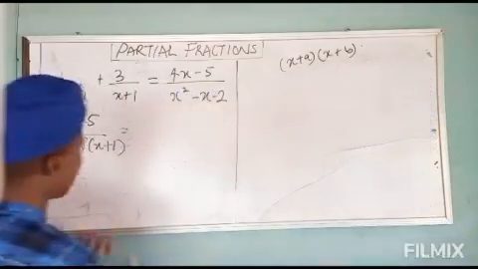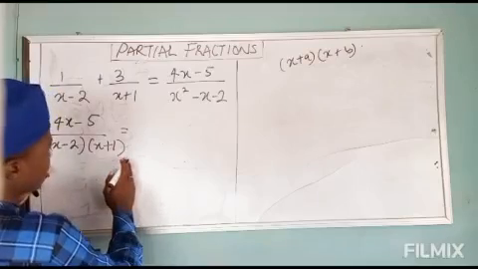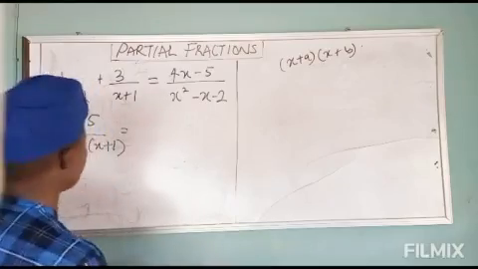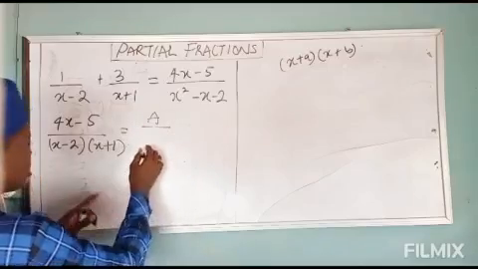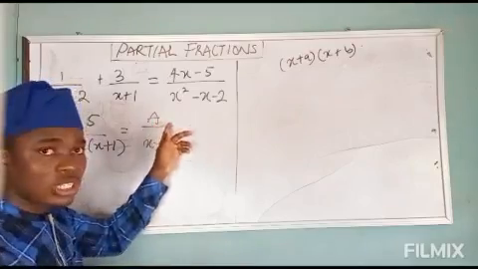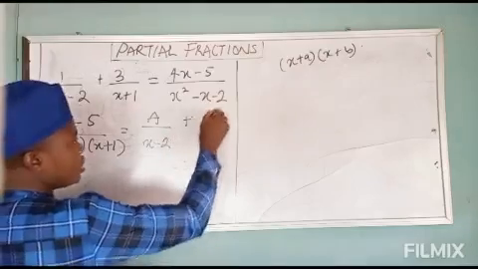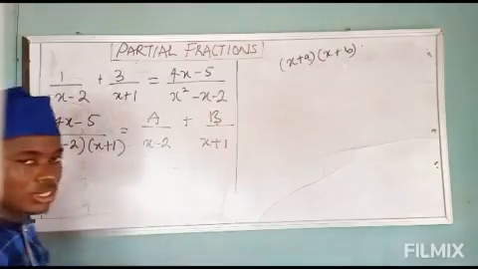So if you have linear factors like that, to resolve this into partial fractions, definitely you have A over x minus 2, where A is a constant attached to this one, plus B attached to the second factor. Are you getting this now?